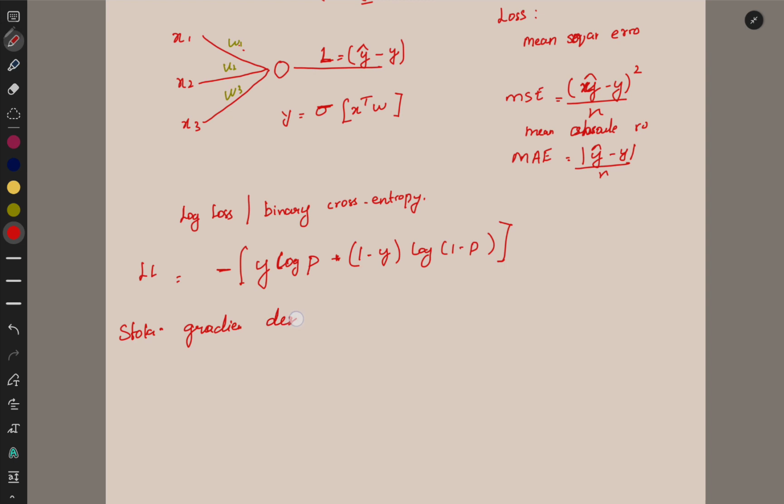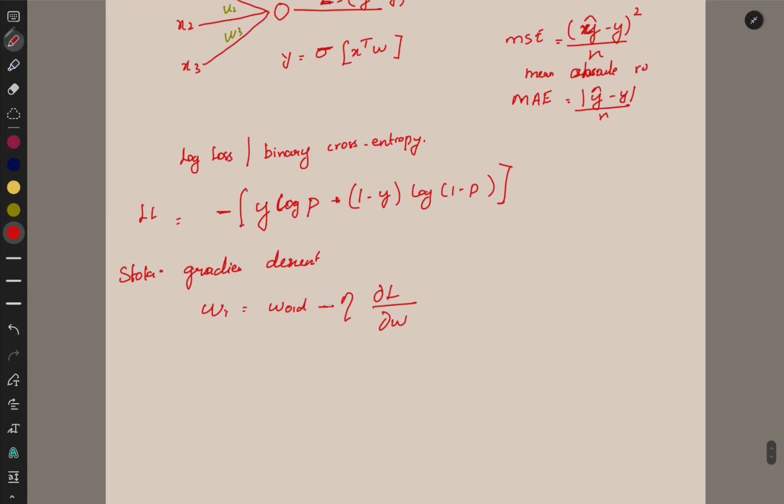The weights get updated like this: W equals the old weights, minus the learning rate times the loss function gradient. At the next iteration, you take the old weight value and apply a learning rate, which is a hyperparameter.